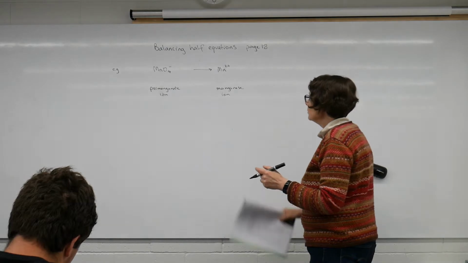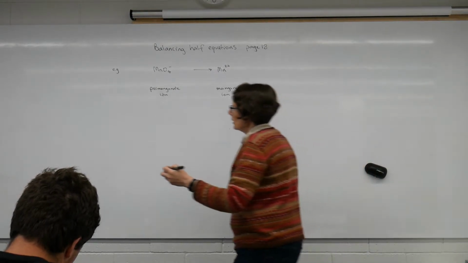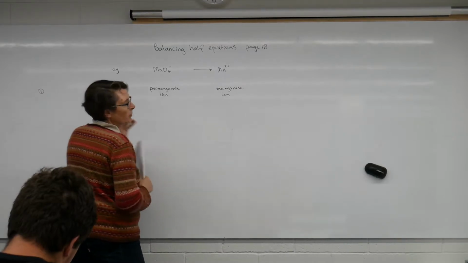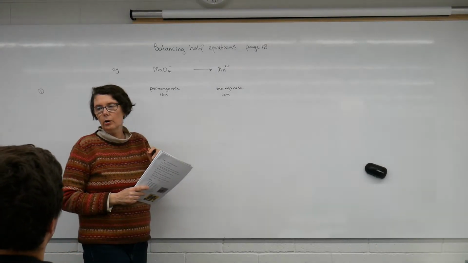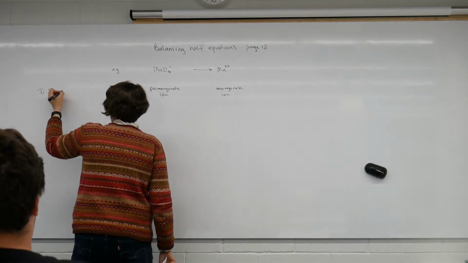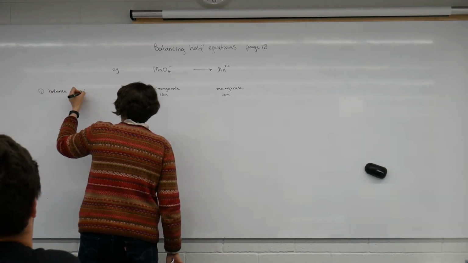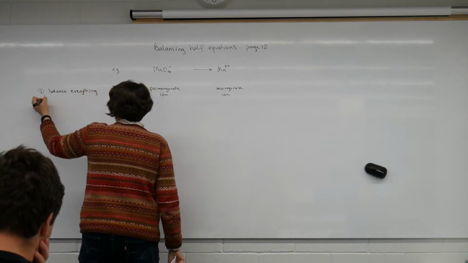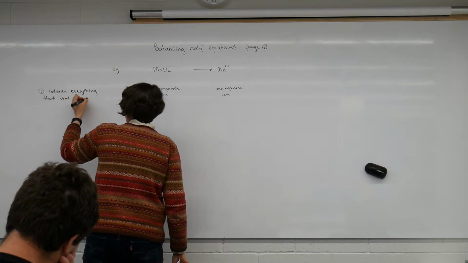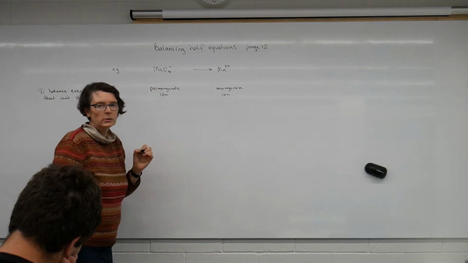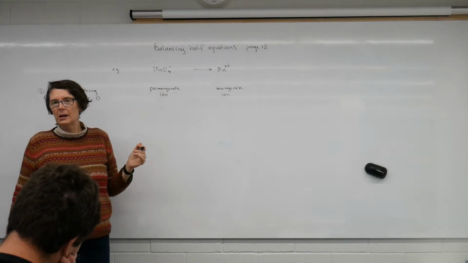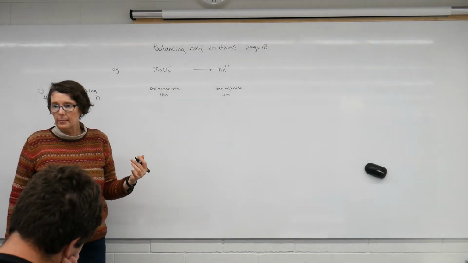The first thing we do, okay, so step one, is we balance everything that's not hydrogen or oxygen. And in this case, it's the manganese, and there's the same number on either side, so it's already balanced.